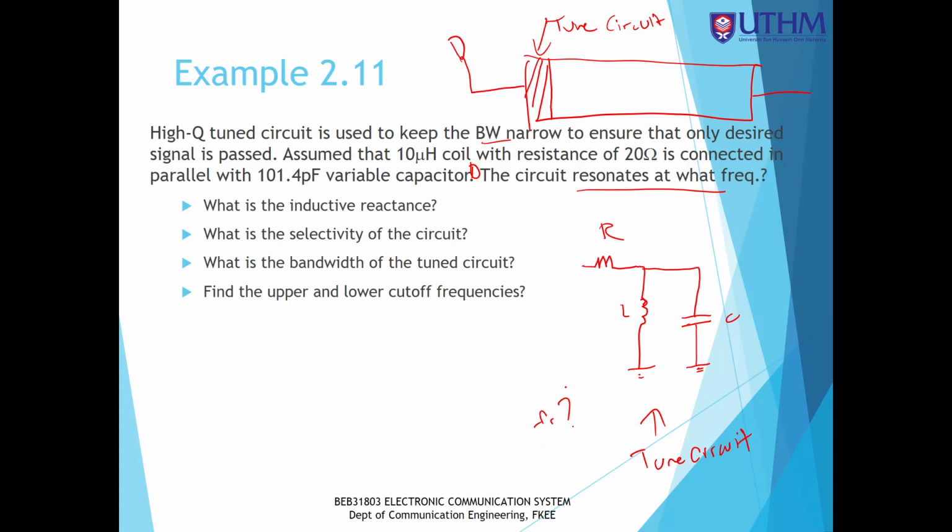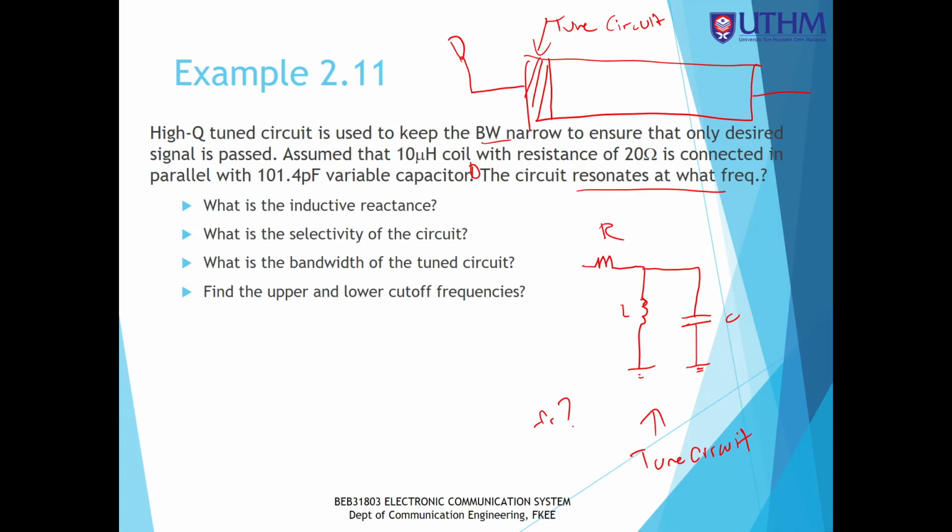How much is Fr? That means this tuned circuit resonates at what frequency? What is resonant frequency actually? The issue is like this. When you want to listen to a radio station, you tune your radio to that specific frequency. That specific frequency is actually the resonant frequency.